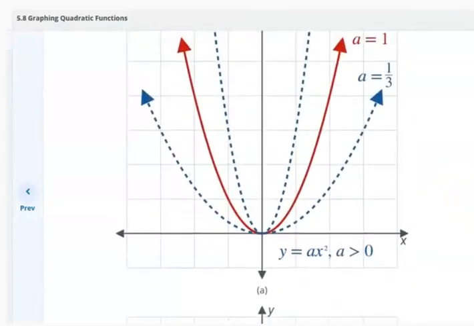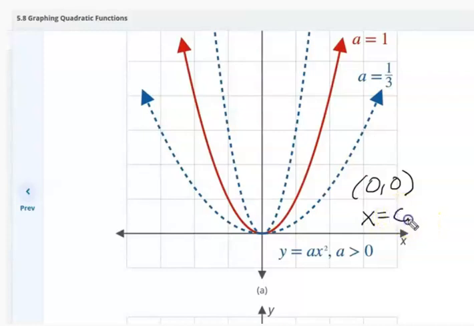Now let me ask a question about this. What is the vertex, just looking at this graph? And if you said 0, 0, the origin, that is correct. Now, what is the axis of symmetry in this graph? It's going to be x equals something.